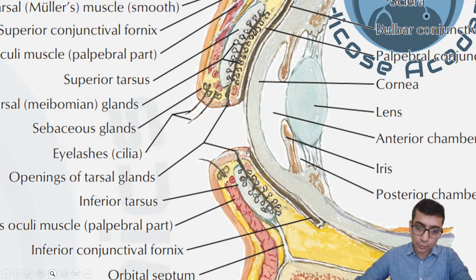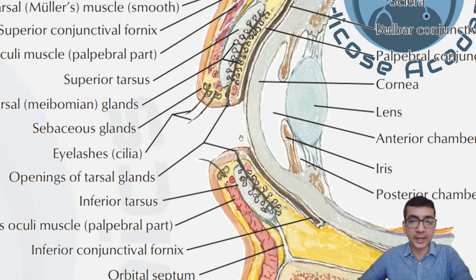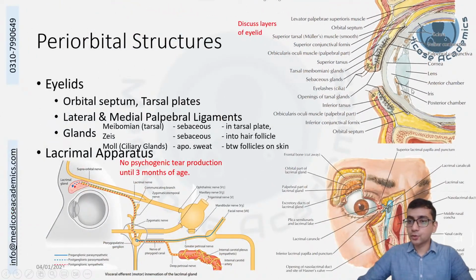So if the eyelids close, these two margins meet and the conjunctiva forms a type of sac, a type of space in front of the eye. So these are the conjunctiva, and the gland is opening into the superior conjunctival fornix.